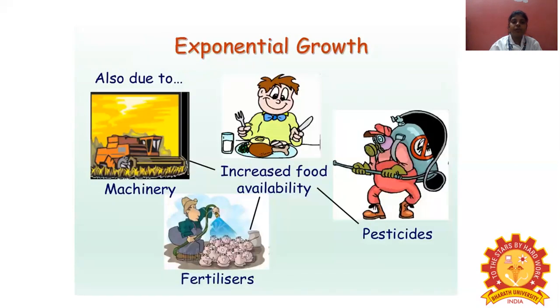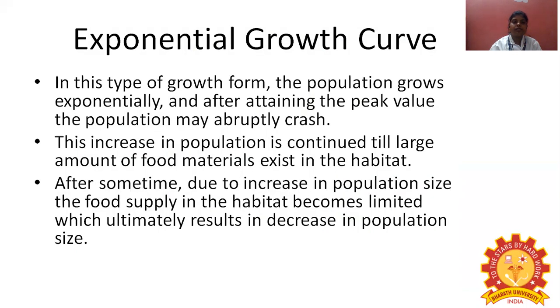It is also due to machinery, increased food availability from fertilizers and pesticides. In this type of growth form, the population grows exponentially, and after attaining the peak value, the population may abruptly crash.